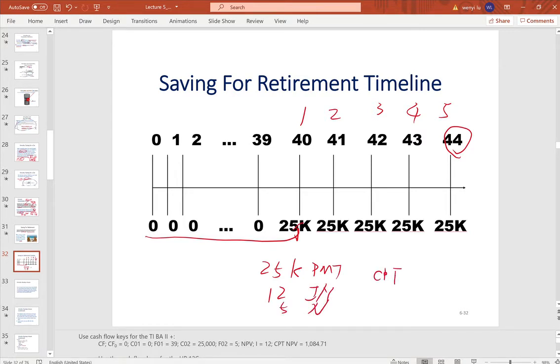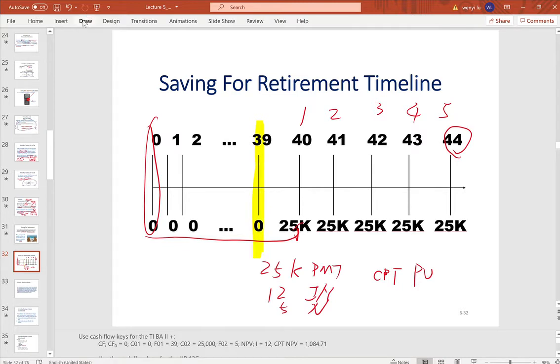You solve the PV. What did you solve for here? Be careful. It's not the present value at time 0. The present value of these 5 cash flows can only be discounted to time 39. That's very, very important for these questions.